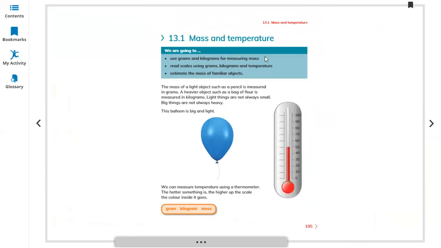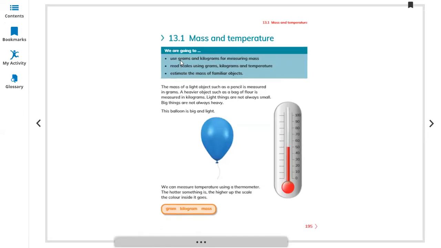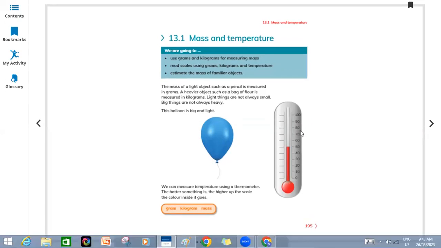So in this lesson, we are going to use weights that have grams and kilograms. Grams are smaller than kilograms. Okay. Those who didn't finish the last question, we are going to send it in the group. So don't worry, you can complete it from there or from the video.